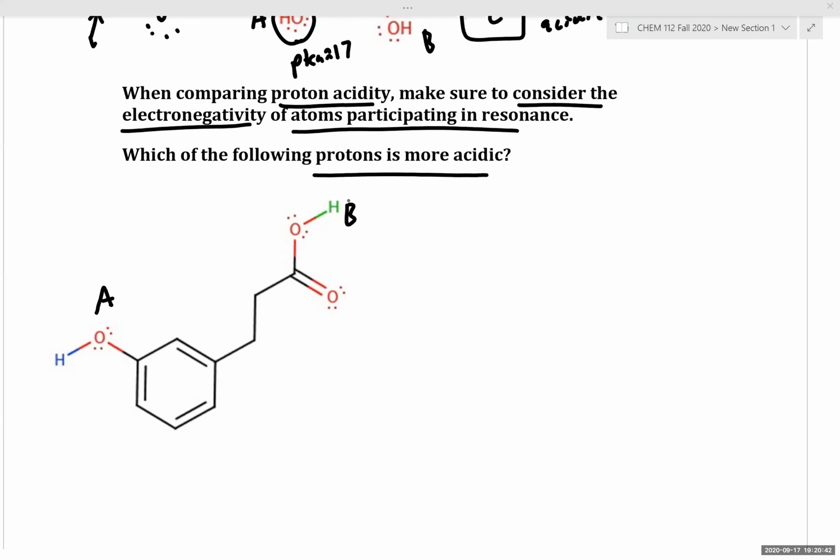So we have an argument that A is potentially more acidic. Now my question to all of you then is, what atoms are we delocalizing our charge across?